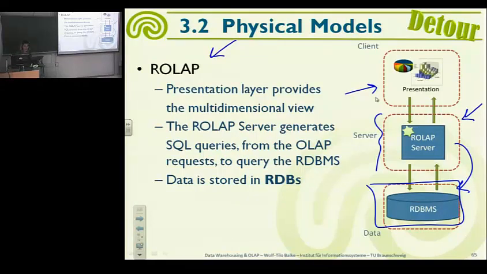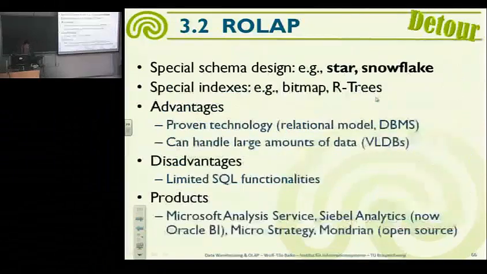But at the back end, things are not done in this multidimensional fashion, but rather they go to the ROLAP server, and here there is some kind of translation, and then you get these SQL queries which the relational database management system can handle and understand. And there are the schema designs that we've seen, like star or snowflake or starflake schema.